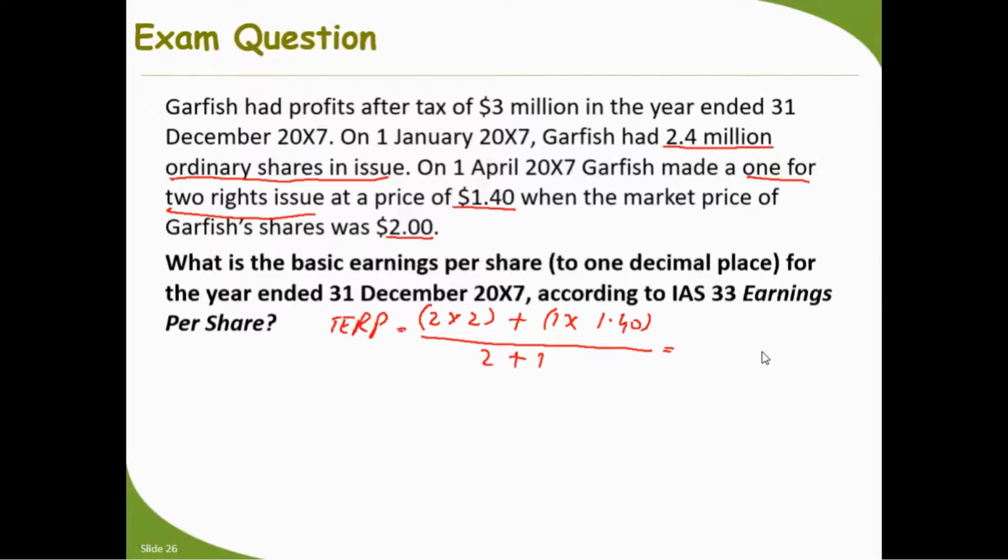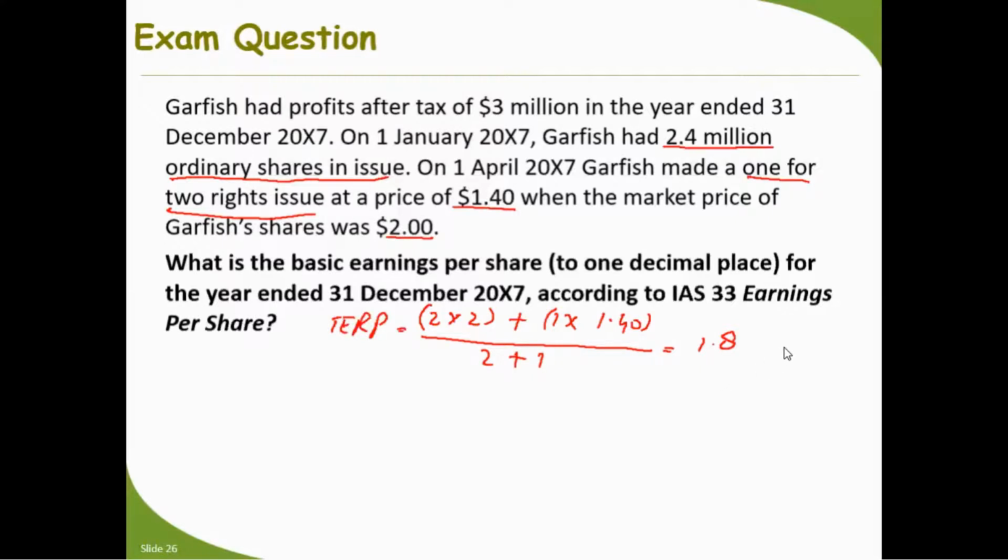So 2 times 2 is 4, plus 1.4, 5.4, divided by 3 is equal to 1.8.